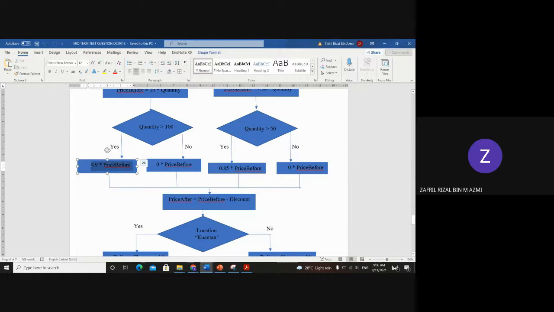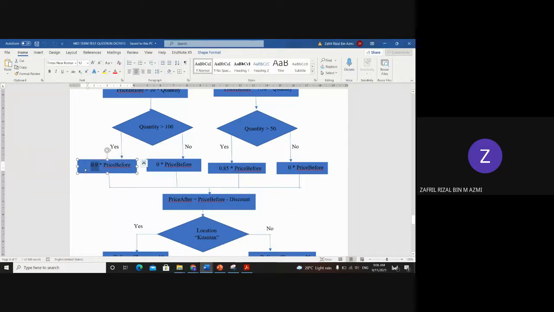Because if you put it like this, the value is not being stored anywhere, so you cannot calculate this one. You will not get this value. So make sure it is an equation.